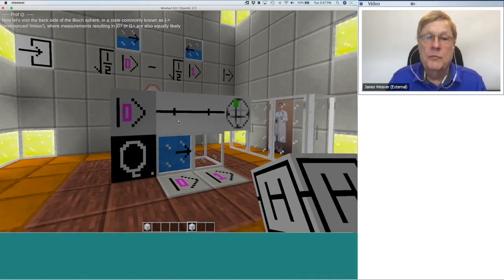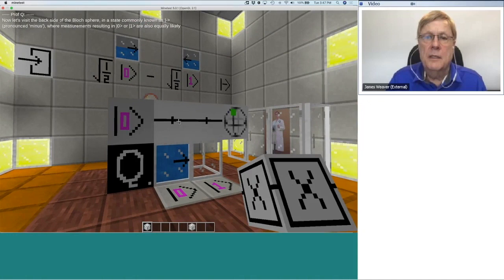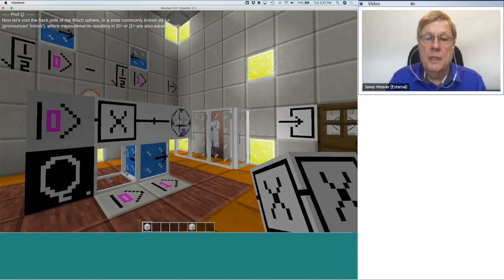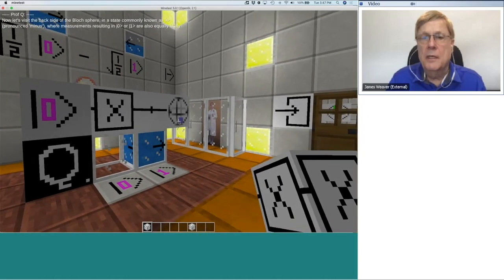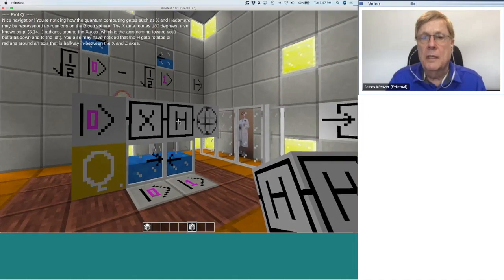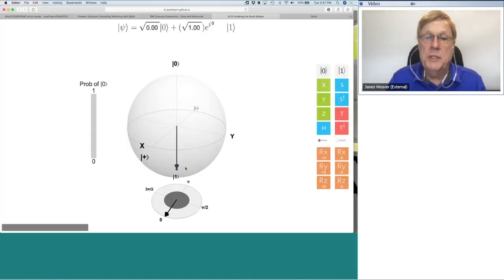Well, what if we put the X gate here, and we went from the top of the Bloch sphere to the bottom, and then we put the H gate here? What's happening is we applied the X, which put us here, and then we applied the H, which put us back here.